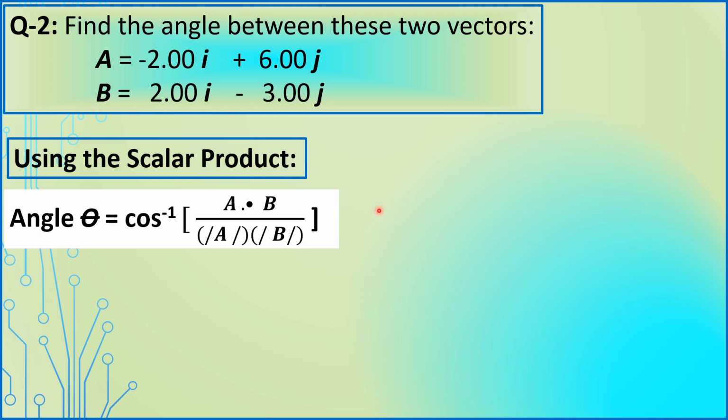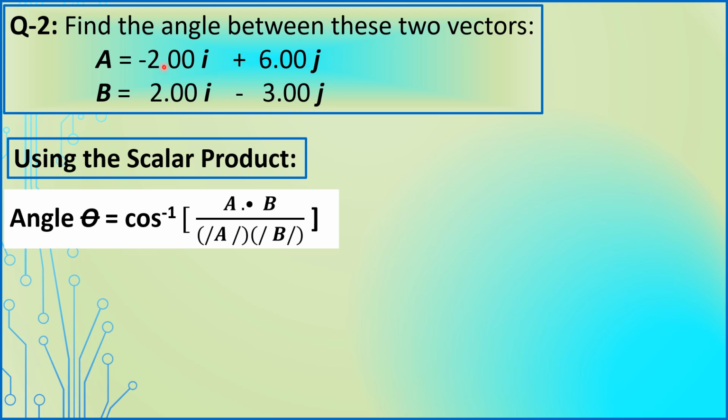So before we proceed to the calculation of the angle theta, let's first refer back to our question. We are finding the angle between the two vectors A and B. As you can see, each of them is expressed in terms of their x and y components.